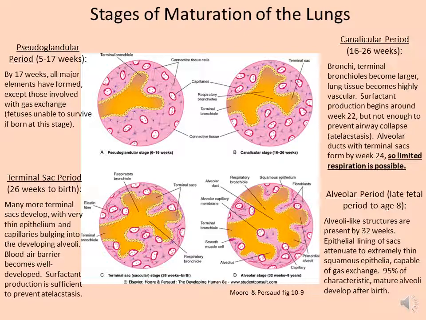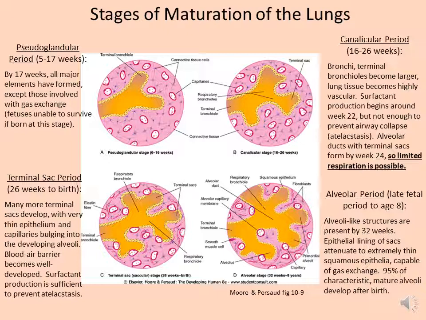Now we talk about the further stages in the development of the lung, and these stages result in the complete formation of the lungs, which are responsible for gaseous exchange, the main function of our lungs. So there are 4 stages in the maturation of the lung. Stage number 1 is the pseudoglandular stage, which extends from 5 to 17 weeks of intrauterine life, and it is known as the pseudoglandular stage because during this stage the lung looks like an exocrine gland.